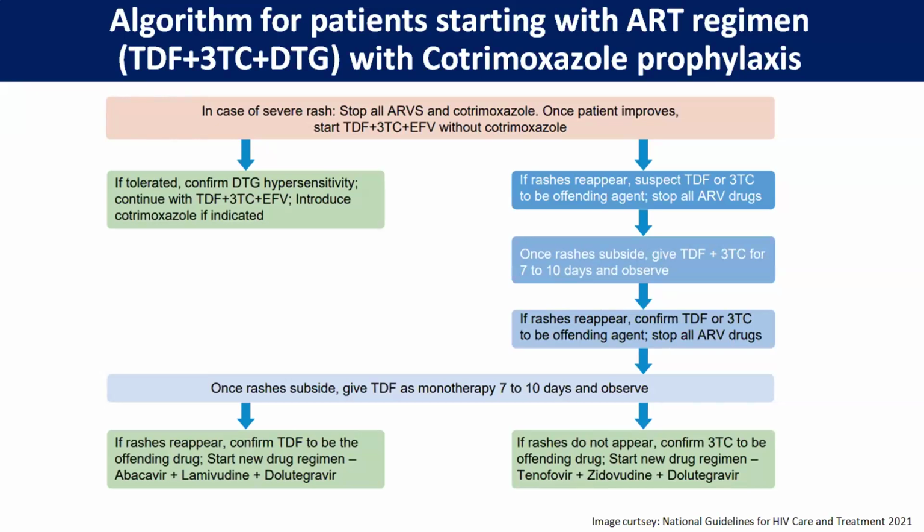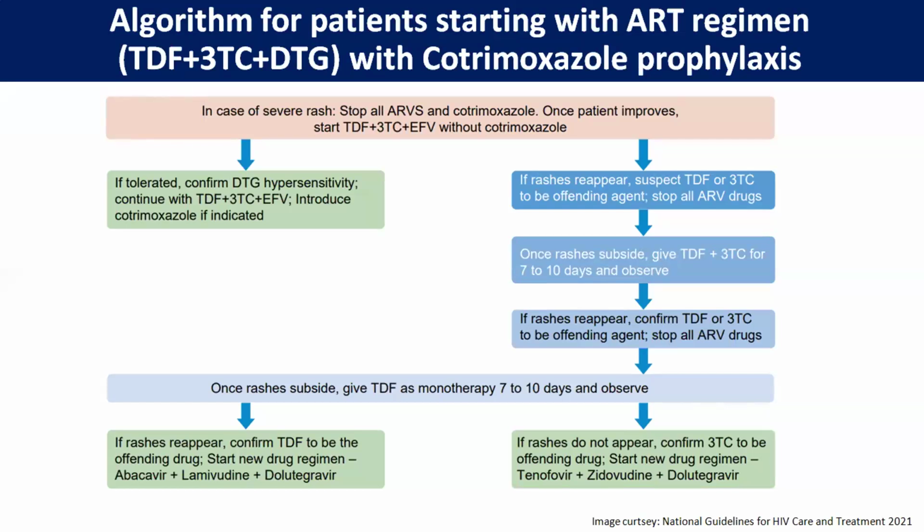Then if the rash reappears, whenever rash develops, you have to stop the drug and wait till the patient becomes normal. Then you can singly challenge TDF or 3TC. If the rash develops, you can identify the single agent.